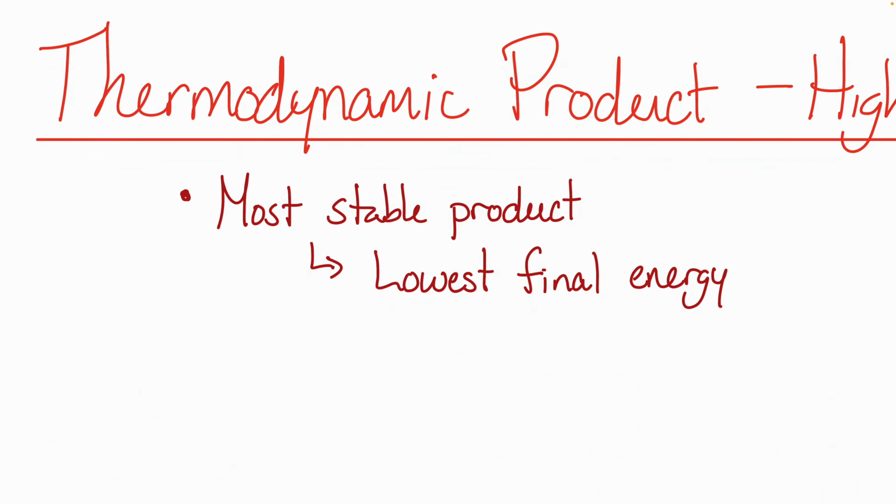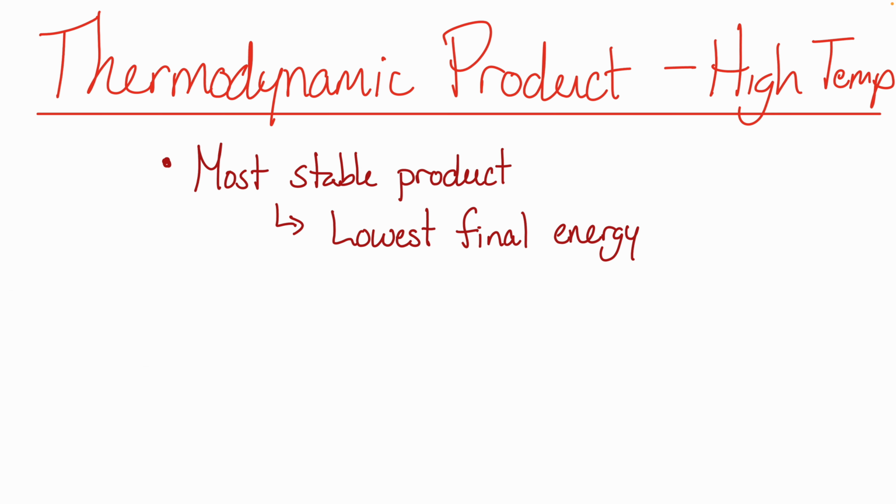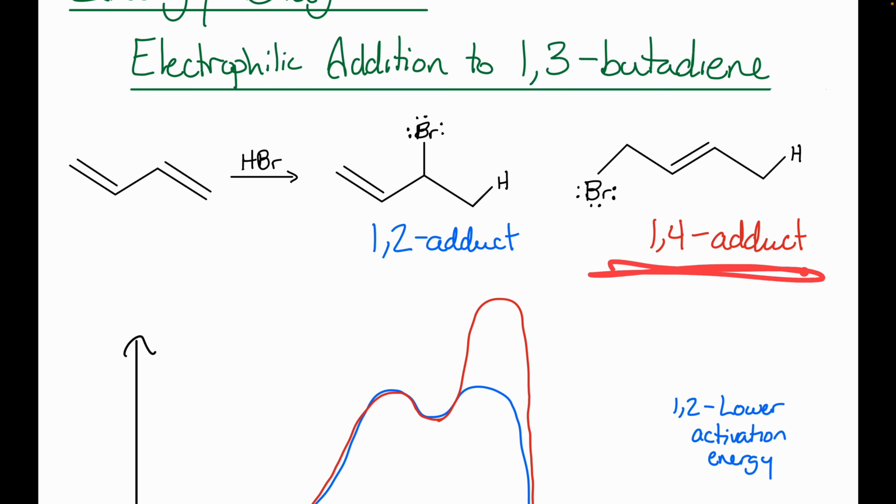So then what about our thermodynamic product? Why is our thermodynamic product the 1,4 adduct in this case? Why is that the most stable of our possible products here? Well, let's look closely at these two molecules. Why would this one be lower energy than this one? Cash, you're up. The terminal double bond is less stable than the one that's in the middle.